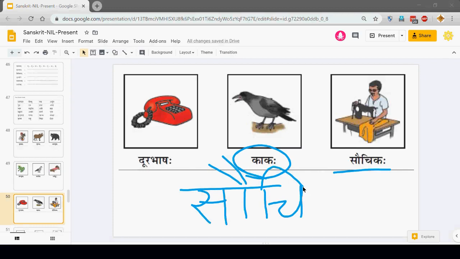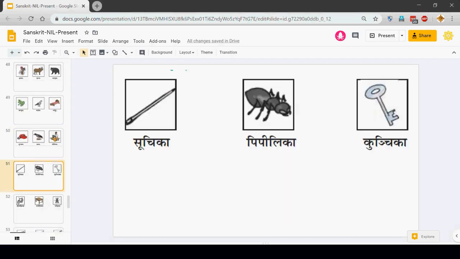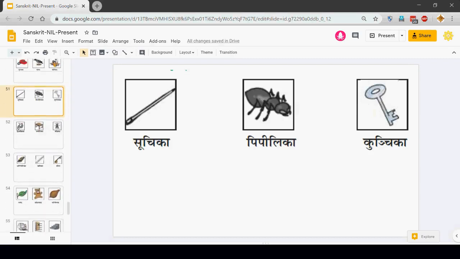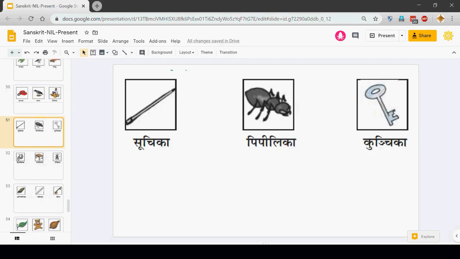Yes, very good. I think we have one more after this. A few more. Suchika, needle.